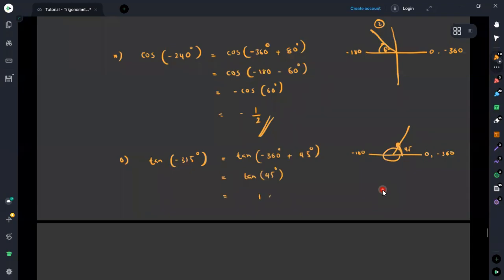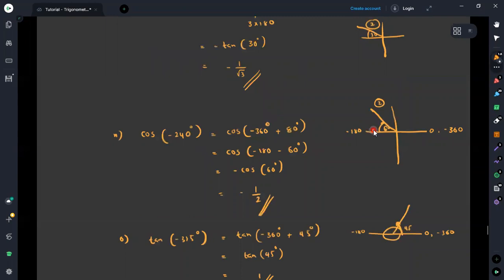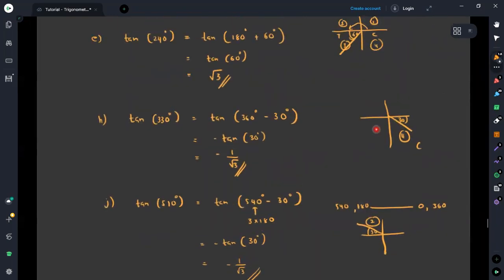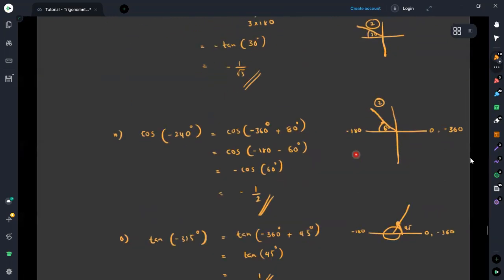Then we get tangent minus 315 is equal to plus 1. This is how we perform the calculations without using calculators or trigonometric tables.